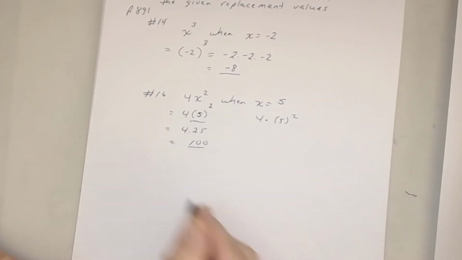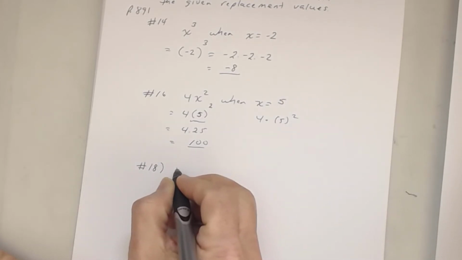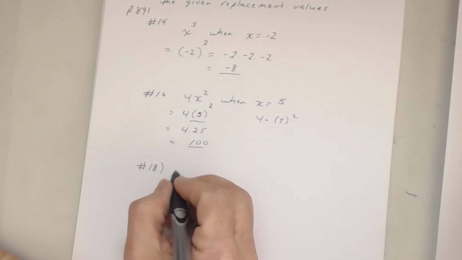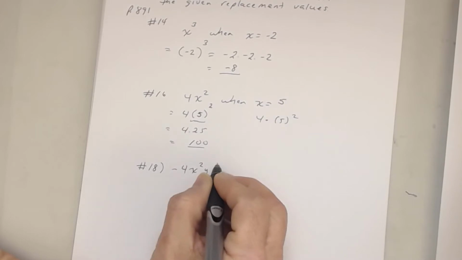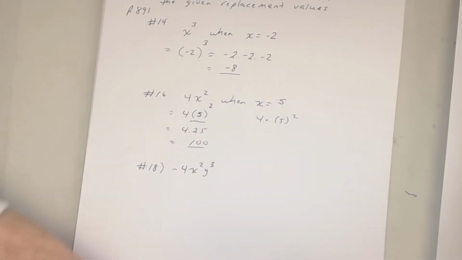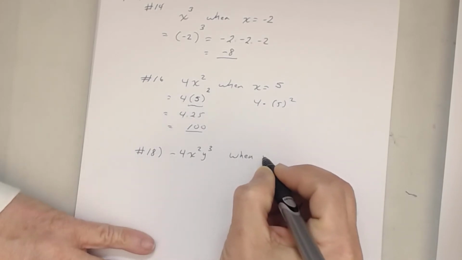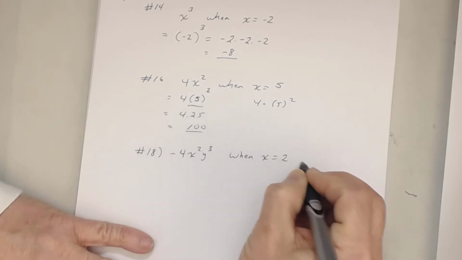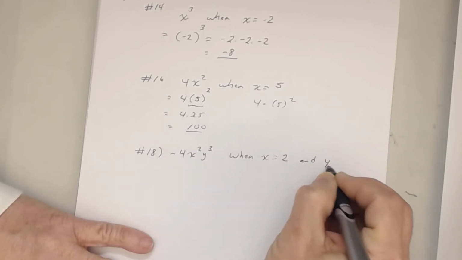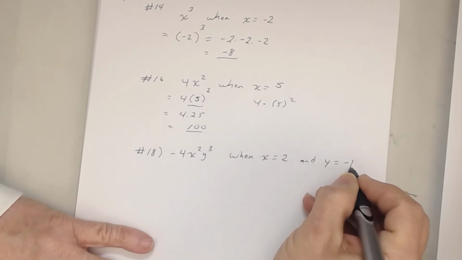18, you have, okay, so this time the expression is -4 x squared y cubed, -4 x squared y cubed, when x is 2 and y equals -1.